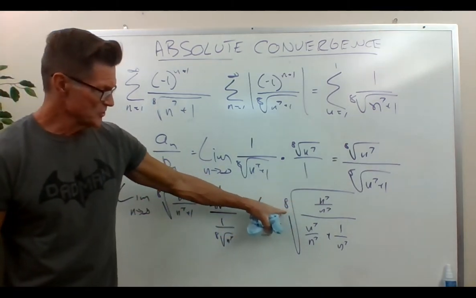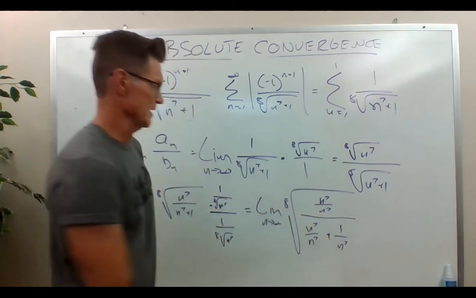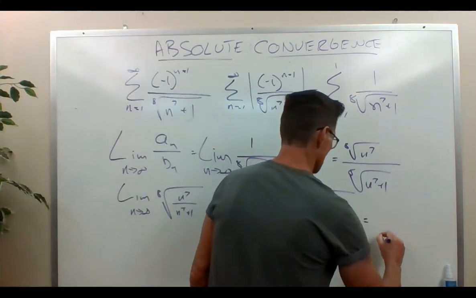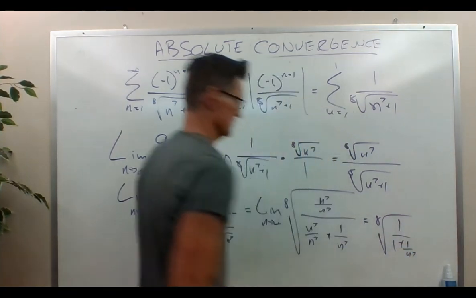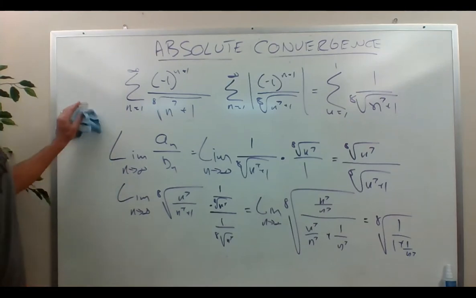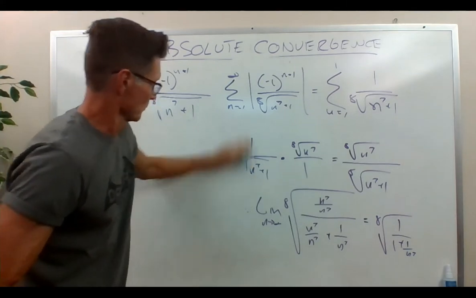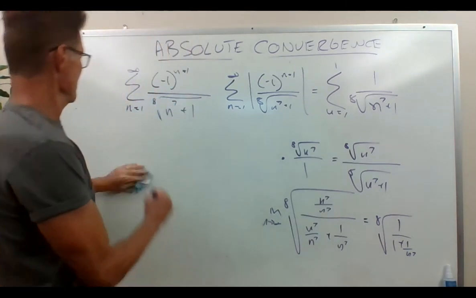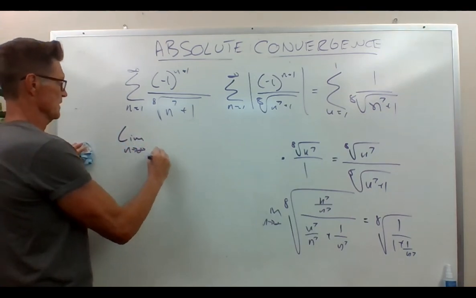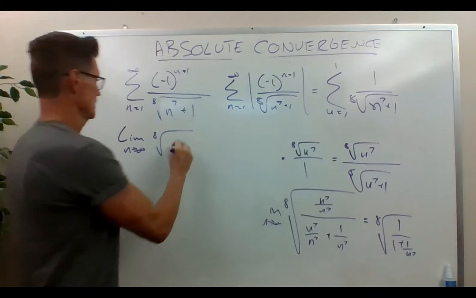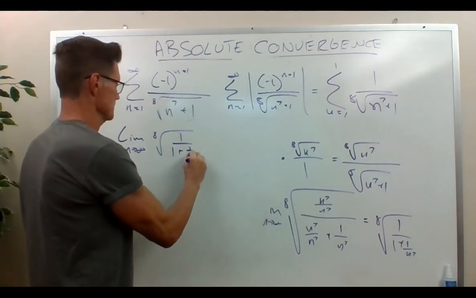All right, well, underneath there, we end up with 1. This is a 1, and that would be a 1 over infinity. So we have the 8th root of 1 plus 1 over n to the 7th. So what we have is the limit as n approaches infinity of the 8th root of 1 divided by 1 plus 1 over n to the 7th.